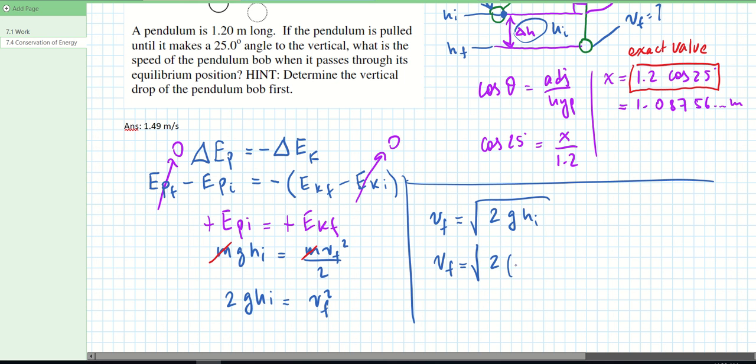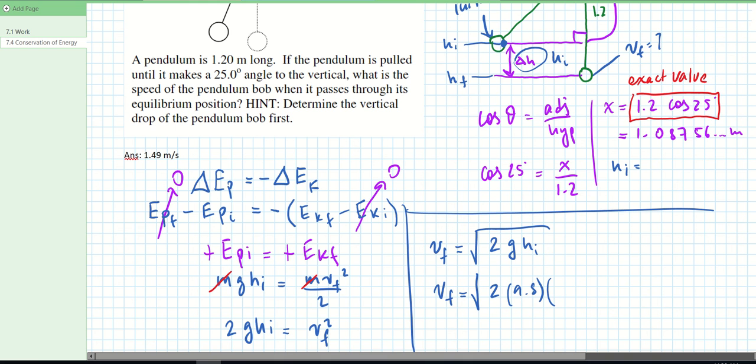So we have 2 times 9.8, the hi is going to be 1.2 minus, let's see, we have 1.2 cos 25. That's what we need to plug in. So that's going to be our hi value here. So we're going to plug in 1.2 minus 1.2 cos of 25.